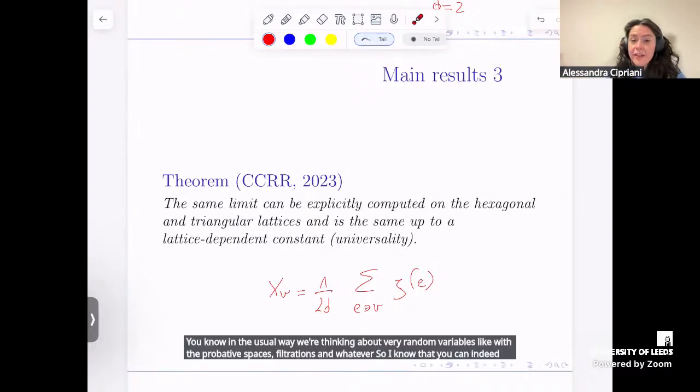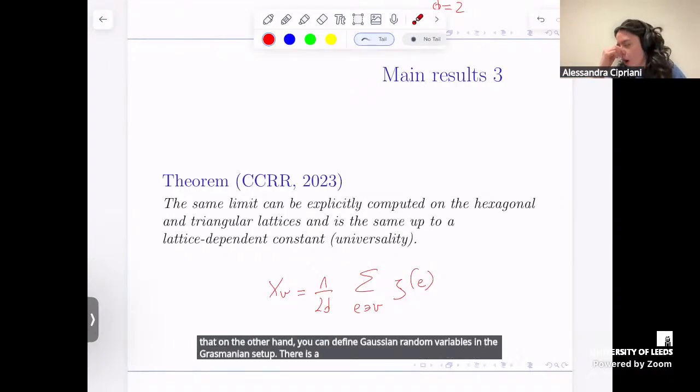On the other hand, you can define Gaussian random variables in the Grassmannian setup. There is a definition that's based on integration by parts.